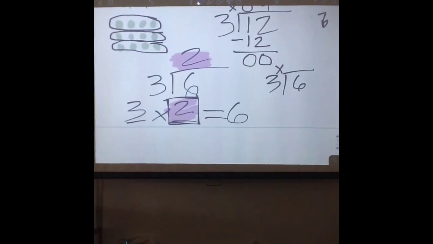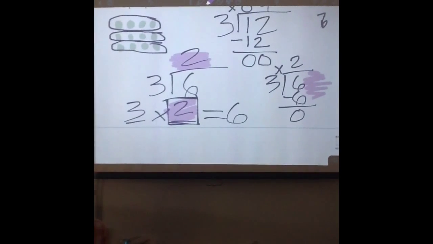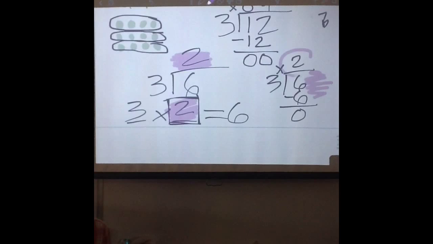Our daddy question. There's 2 of them. Now we do mommy multiply. 3 times 2 equals 6. Now we do sister subtract. And it leaves us with 0. We have nothing here to bring down. So we are done, and our answer is 2.